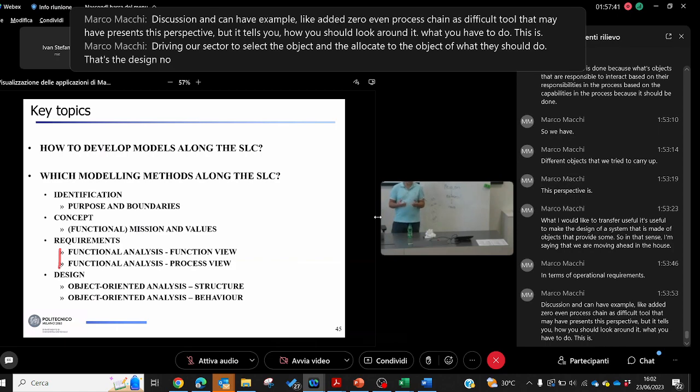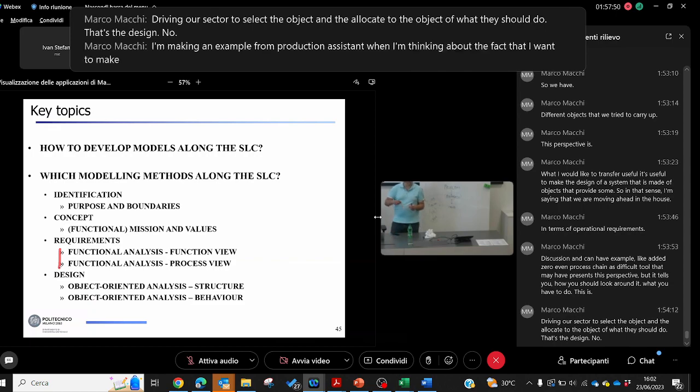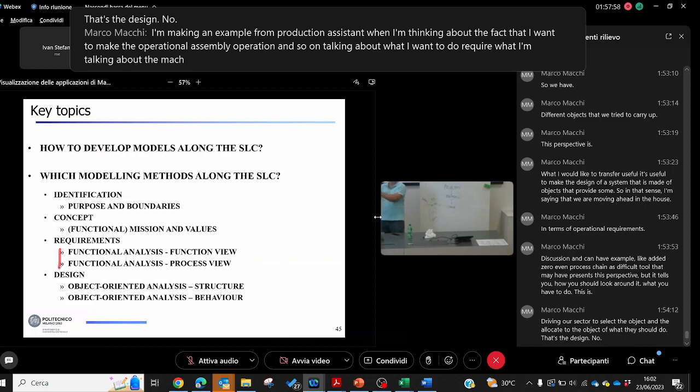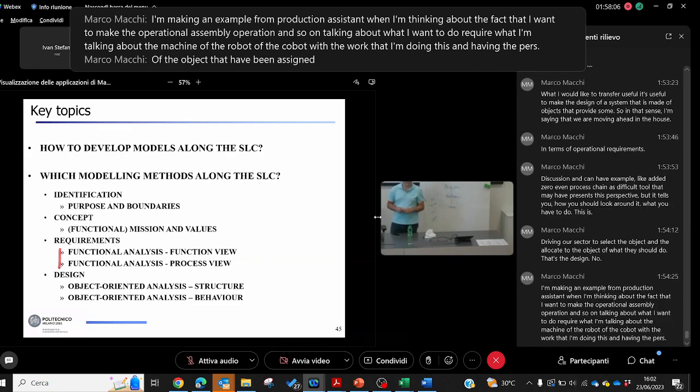Think, I'm making an example from production systems. When I'm talking about the fact that I want to make a cutting operation, an assembling operation, and so on, I'm talking about what I want to do, the requirement. When I'm talking about the machine or the robot or the cobot with the worker that is doing this, I'm having the perspective of the objects that are assigned some construction. Okay?